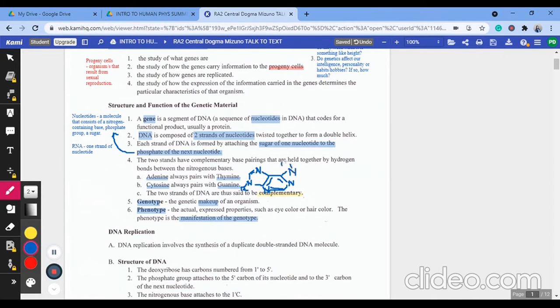So there should be an H here. There should be a hydrogen bond right here and another hydrogen bond right here. This should be the oxygen. There should be a hydrogen bond right here attached to a nitrogen.